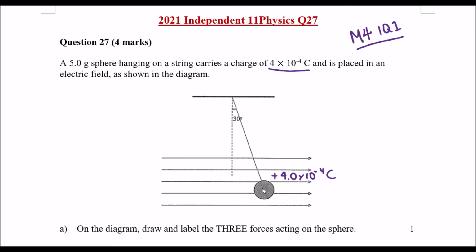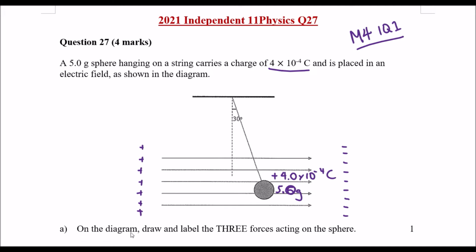I can work out that this is a positive charge because it's placed in an electric field, and in an electric field, the field always goes from positive to negative, so it goes along like this.